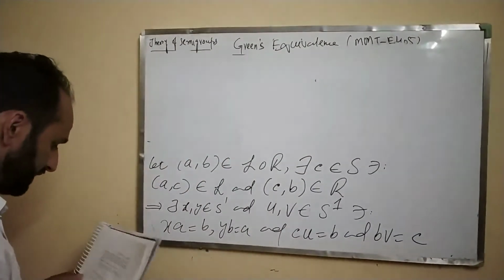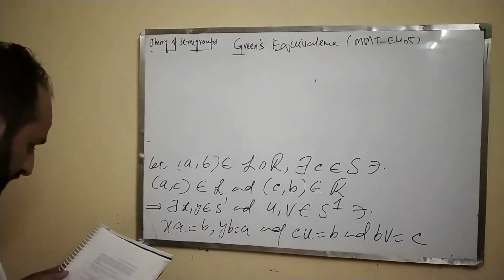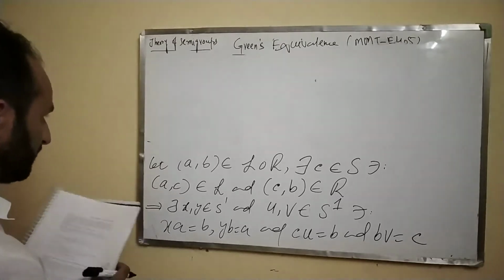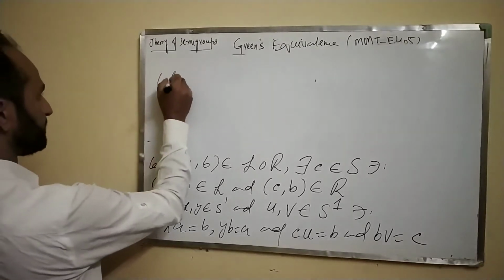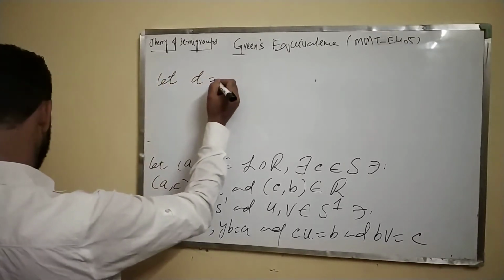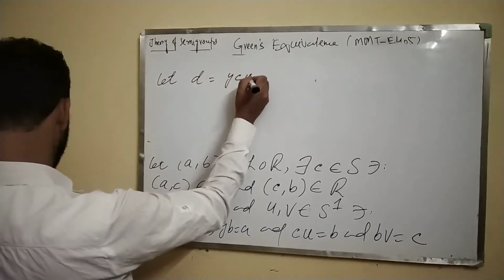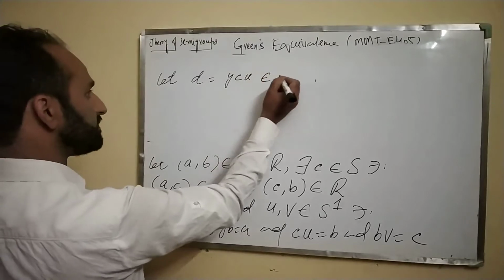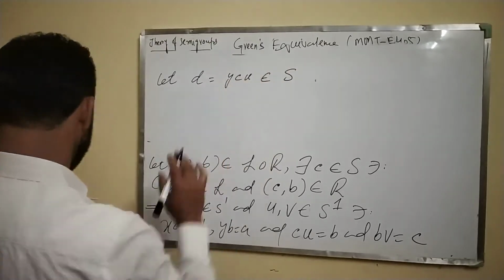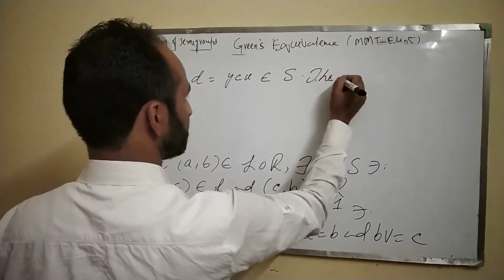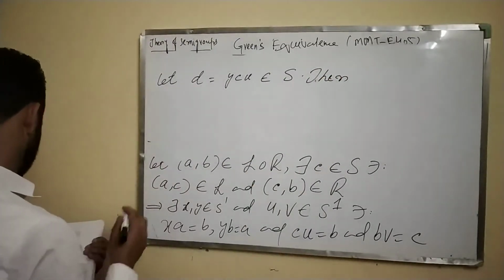Now let's define the following element. Let T be equal to YCU. It is in S because each element is in S. Then we see, what's AU?